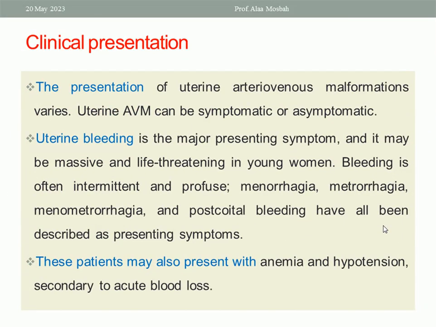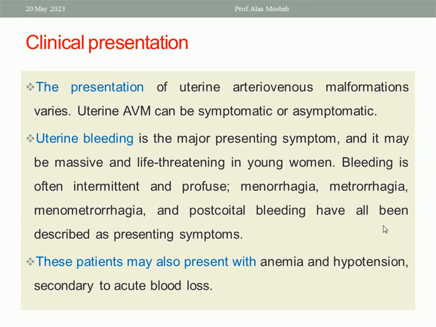What about the clinical presentation? It could be asymptomatic. Uterine arteriovenous malformation could be asymptomatic. But if symptomatic, uterine bleeding is the major presenting symptom, and it may be massive and life-threatening in young women. Bleeding is often intermittent and profuse.